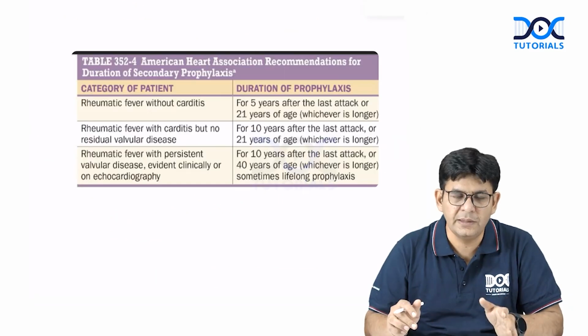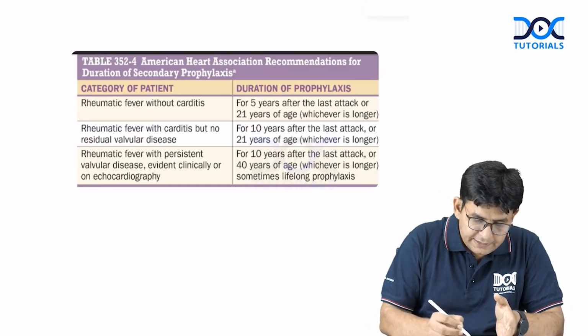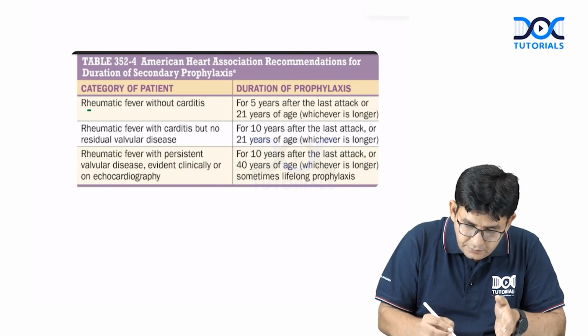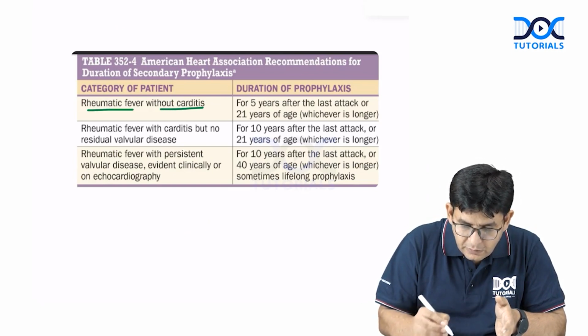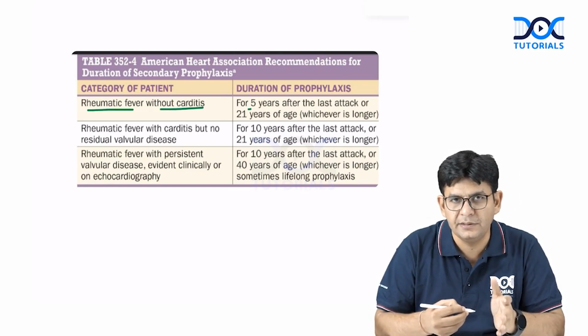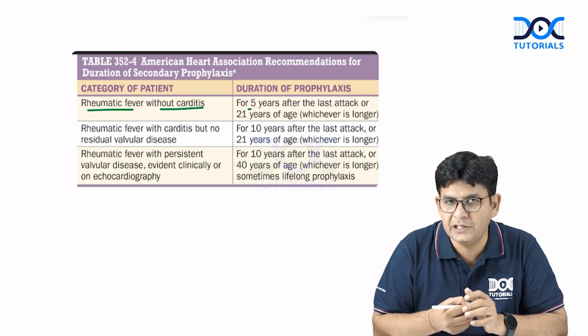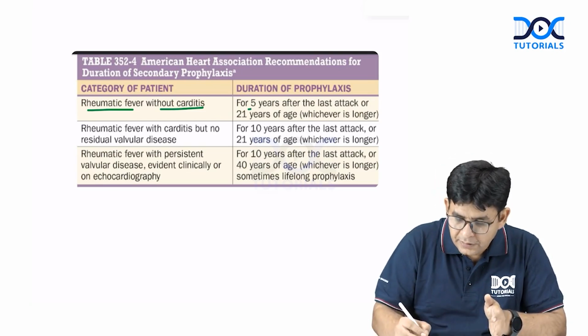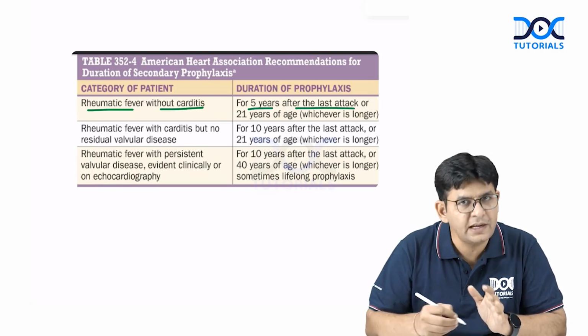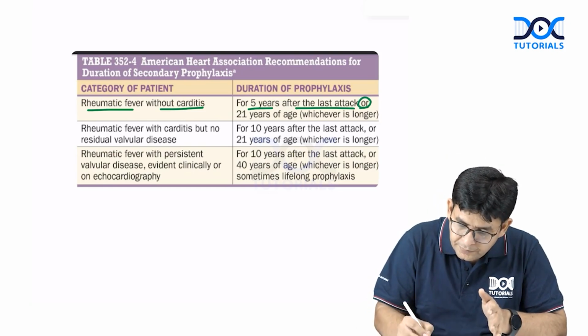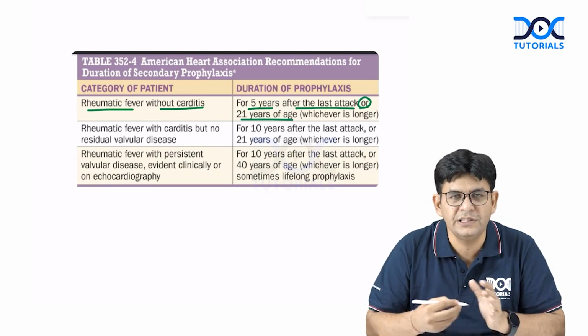Okay, so this is the table from Harrison, and in this, as you can see, for rheumatic fever without carditis, the penicillin prophylaxis duration is 5 years after the last attack or 21 years of age, whichever is longer.